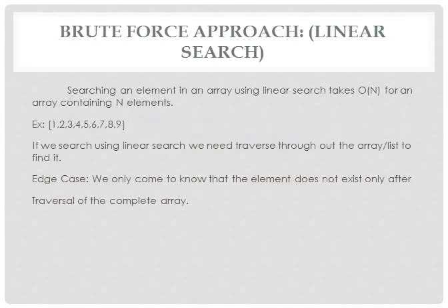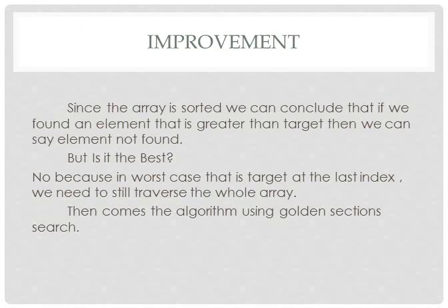If there are a huge number of elements, like 1 million, we need to iterate through 1 million elements to tell whether the element is found or not. A slight improvement is that since the array is sorted, if we find an element greater than our target, we can say that our target is not present in the array.